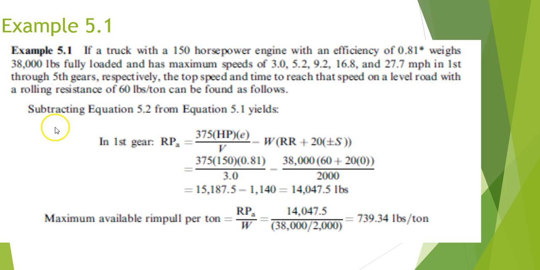So if you go back and you subtract equation 5.2, you can remember that was the one that accounted for grade, from equation 5.1, fill in the blanks here: horsepower, efficiency, velocity, slope, rolling resistance. It tells you that the maximum available rim pull per ton is 739.34 pounds per ton.